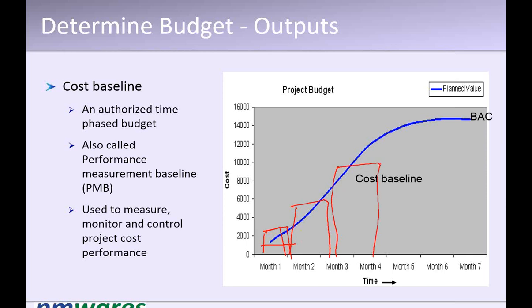Correct? So this is here, this plus this is here, this plus this is here, and then here, and then here. So this is a cumulative graph, and this we freeze. This is called the project budget.